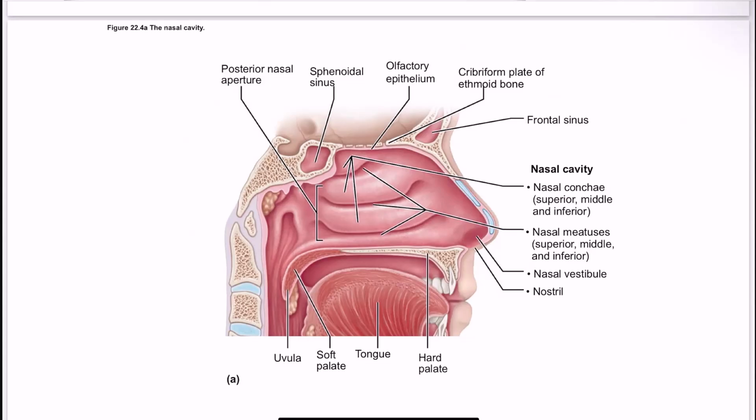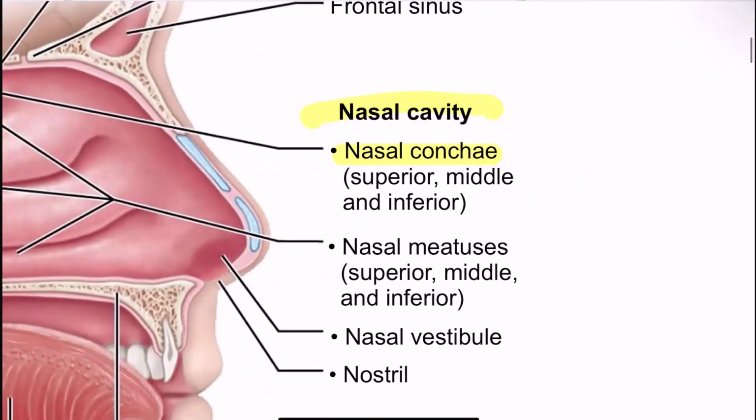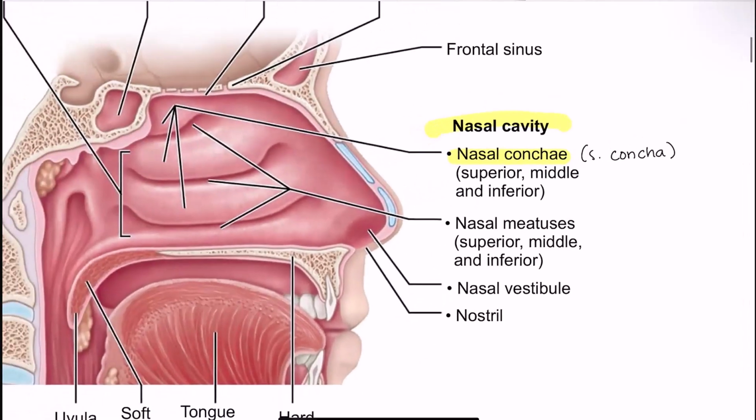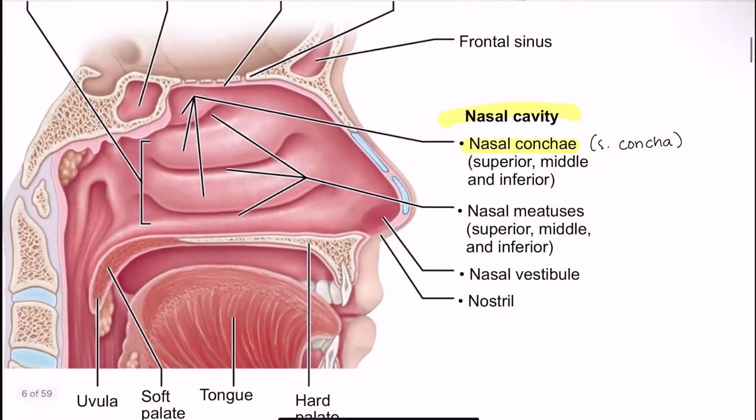In the nasal cavity, we pass through nasal conchae. Singular is concha. A concha is a shell-like structure, and each of these is a shell-like structure called a concha. I think of these nasal conchae as like the swirly bit of a snail on its shell.